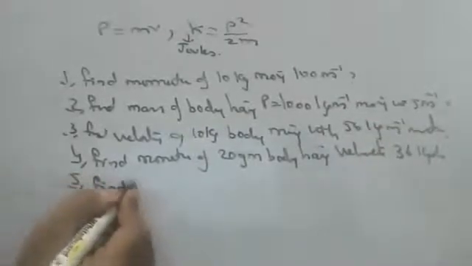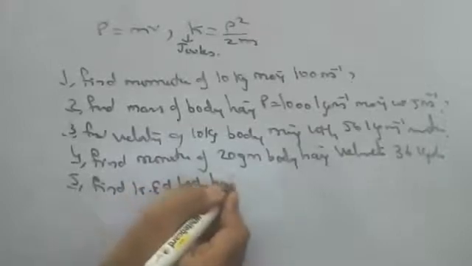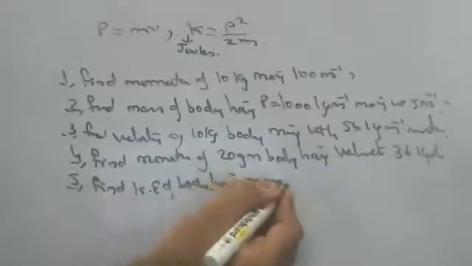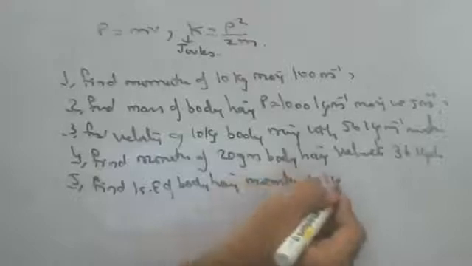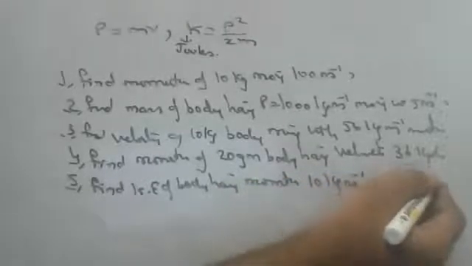Find kinetic energy of body having momentum 10 kg meter per second and mass 10 kg.